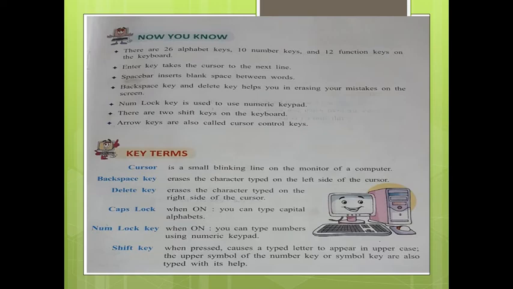Okay, now the key terms. Cursor is a small blinking line on the monitor of a computer. See, whenever you are typing any words or any paragraph, the cursor's shape is a capital I. It is coming and going, blinking.